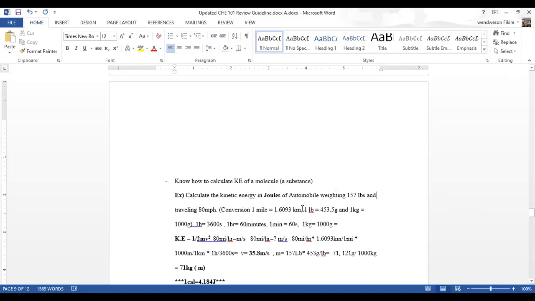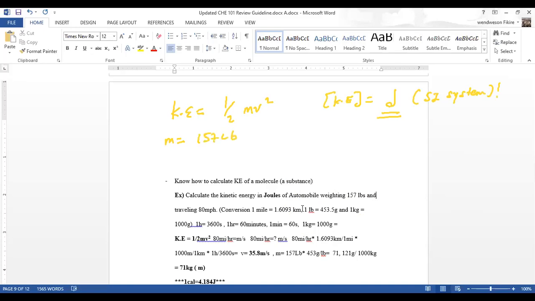So the kinetic energy is calculated as 1/2 mv squared. Remember, the unit for kinetic energy is joules, which is the SI system. The mass was given as 157 pounds.